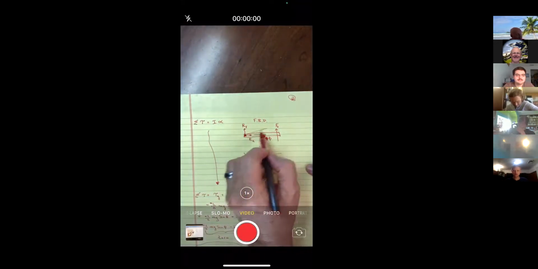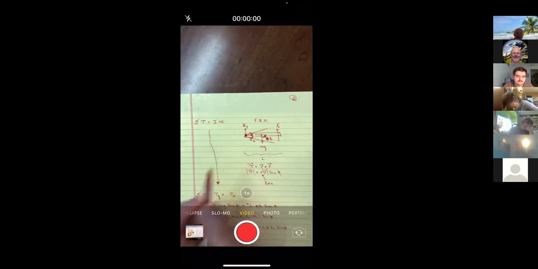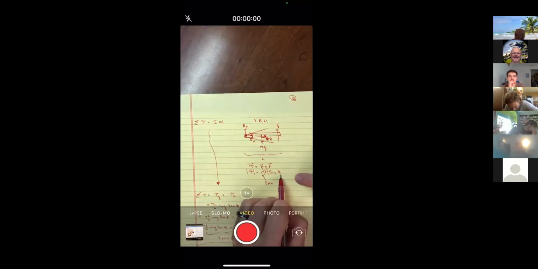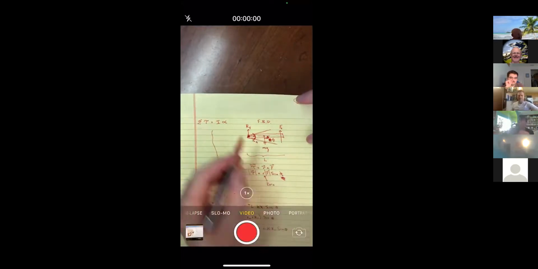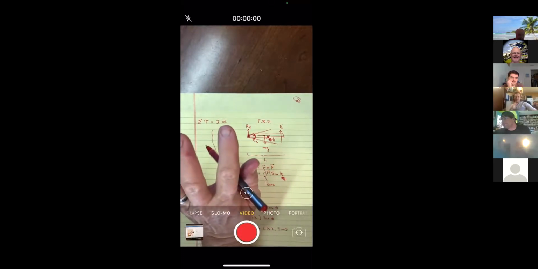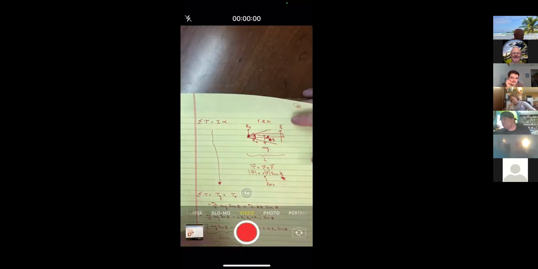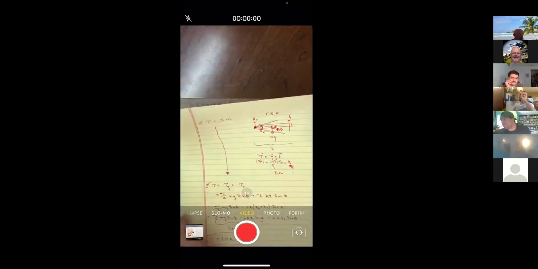That's why I wanted to use a phi here, because phi is the angle between R and F, but theta is this angle that it pivots from. And so that's why I wanted to make sure I used a different symbol, because the angle for the torque and the angle that it pivots are two different things. Now they're related, and so we're going to have to figure that out, but those are two different angles, and so that's why I picked the phi back here.